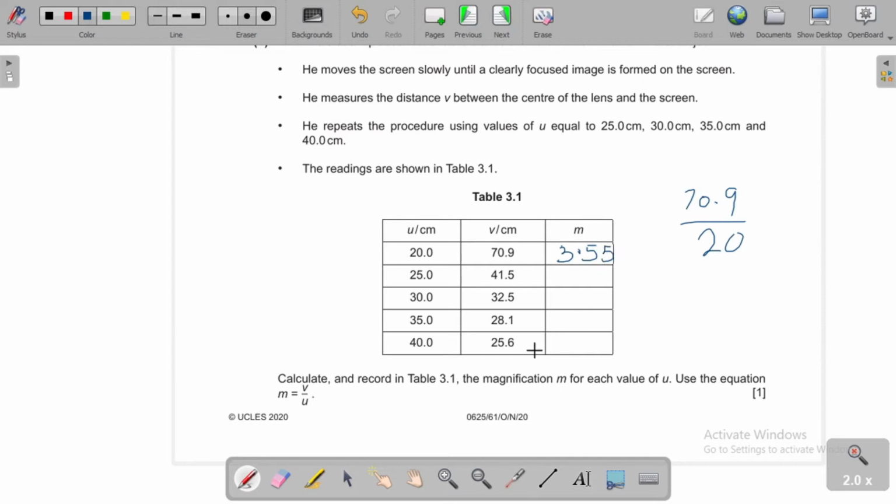The next one is 41.5 divided by 25, and that gave me 1.66. The next one is 32.5 divided by 30.0, and that gave me 1.08. And the next one, 28.1 divided by 35, and that gave me 0.80.